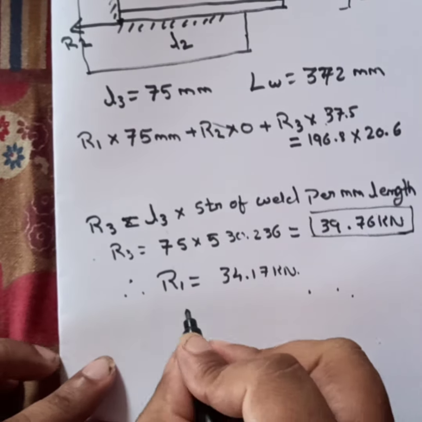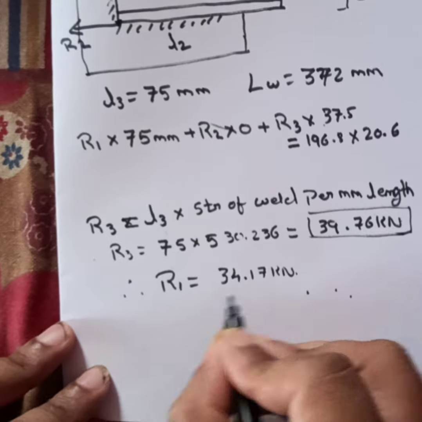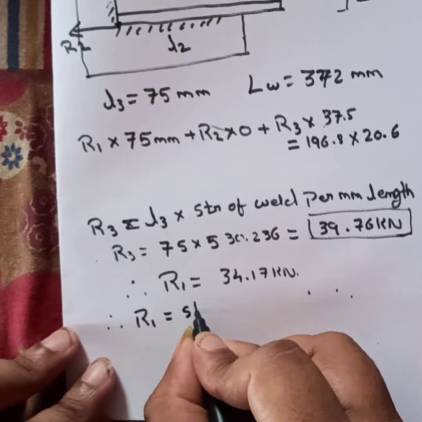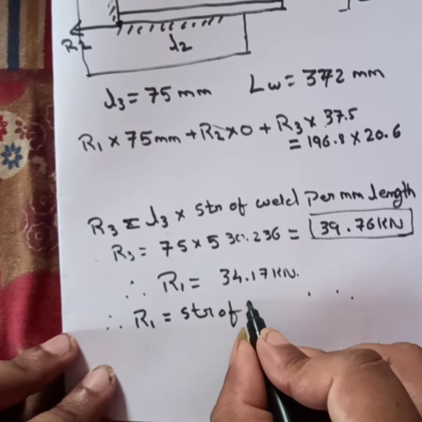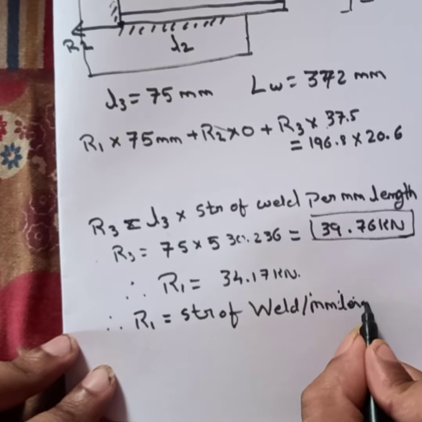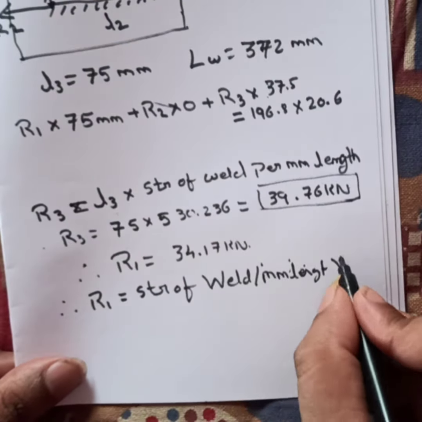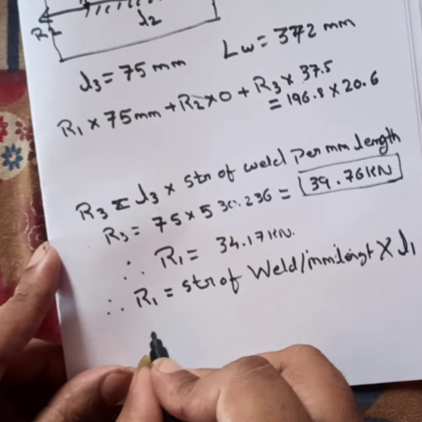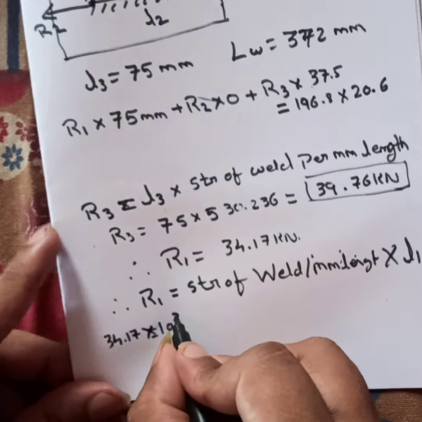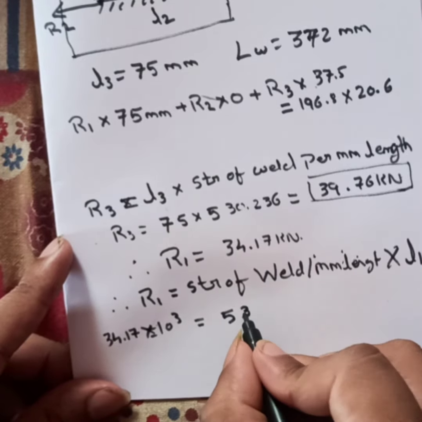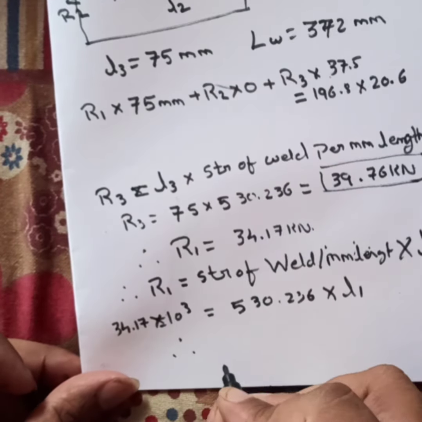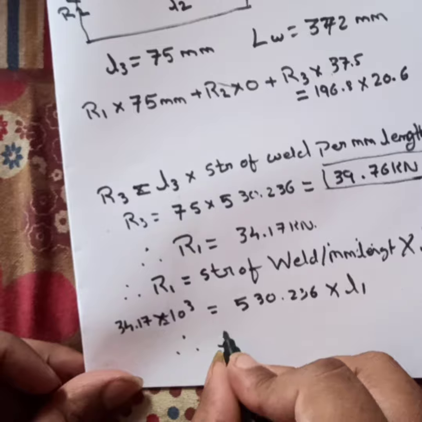R1 equals strength of weld per mm length multiplied by L1. So 34.17 into 10 raised to 3 equals 530.236 into L1.